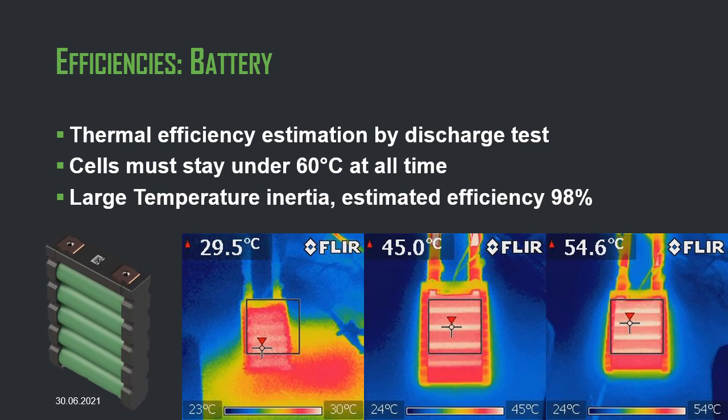To test the thermal efficiency of the battery, we made a discharge test. For that, we discharged them with 60 amperes continuous, and since the batteries are 5 in parallel, it would be 12 amperes each cell. That is without cycling, since 60 amperes is about the average that we will have during a race.